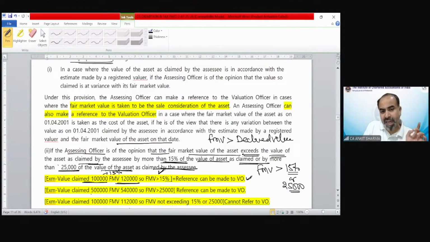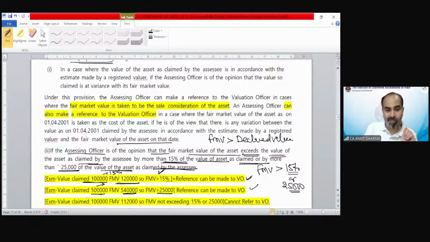Suppose the value claimed by the assessee is 5 lakh and the FMV is 5,40,000. 15% of 5 lakh is 75,000. It does not exceed that, but the 25,000 rupees value condition has been fulfilled. So reference can be made to the valuation officer.